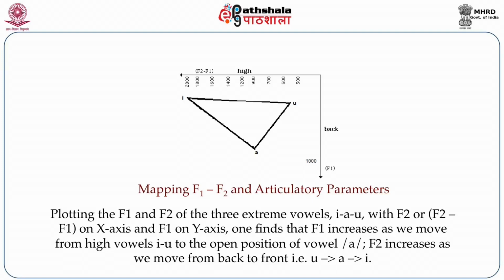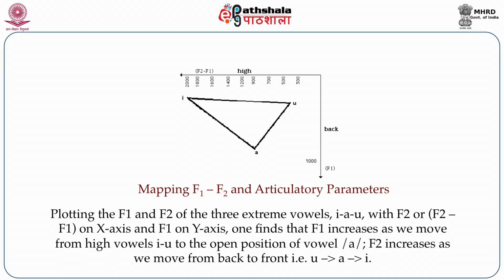Less open vowels or closed vowels would mean lower F1 values. Now look at the x-axis, 0 at the top, and you can see that this is increasing as you move towards your left. You can plot the second formant over there, but generally the convention is that F2 minus F1 is plotted against F1. F2 minus F1 actually shows how front or back the vowel is.